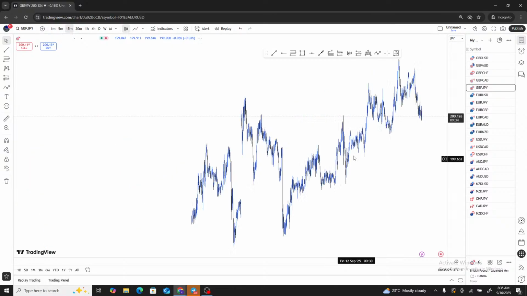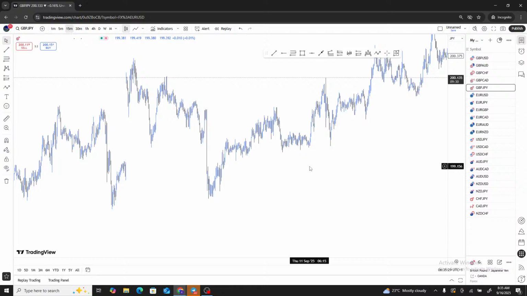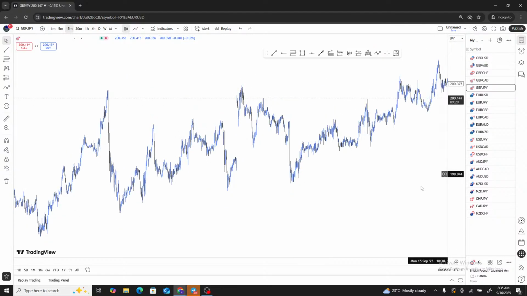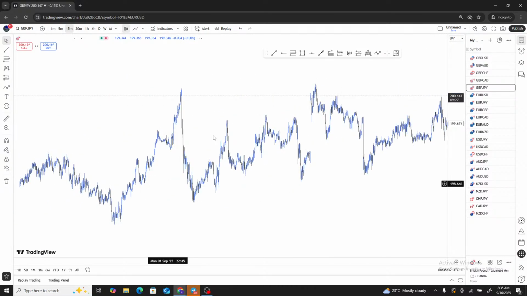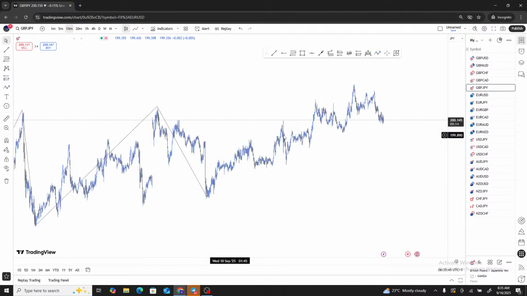Price has been moving up for quite some time from different levels, as you can see, higher highs and higher lows, higher highs, higher lows, and so forth and so on. Even up to this place, higher highs.